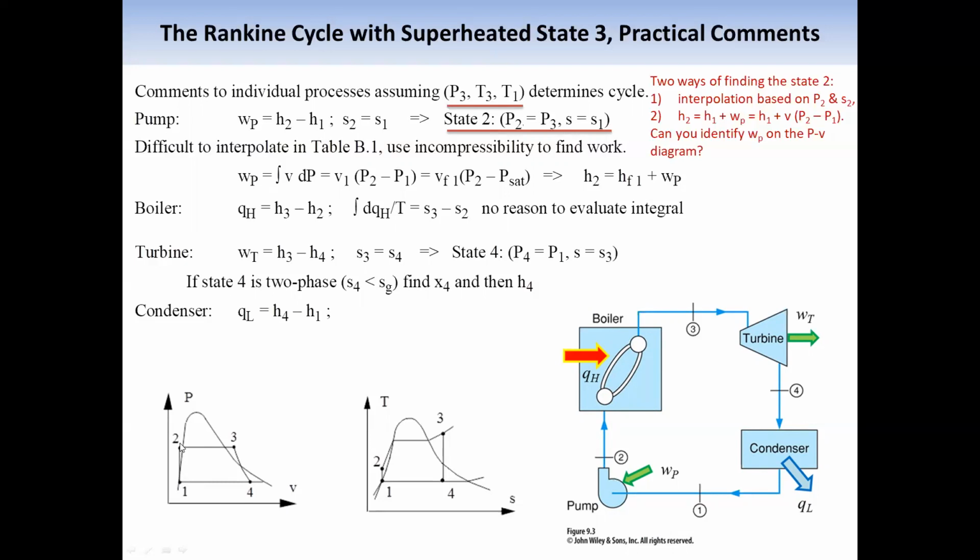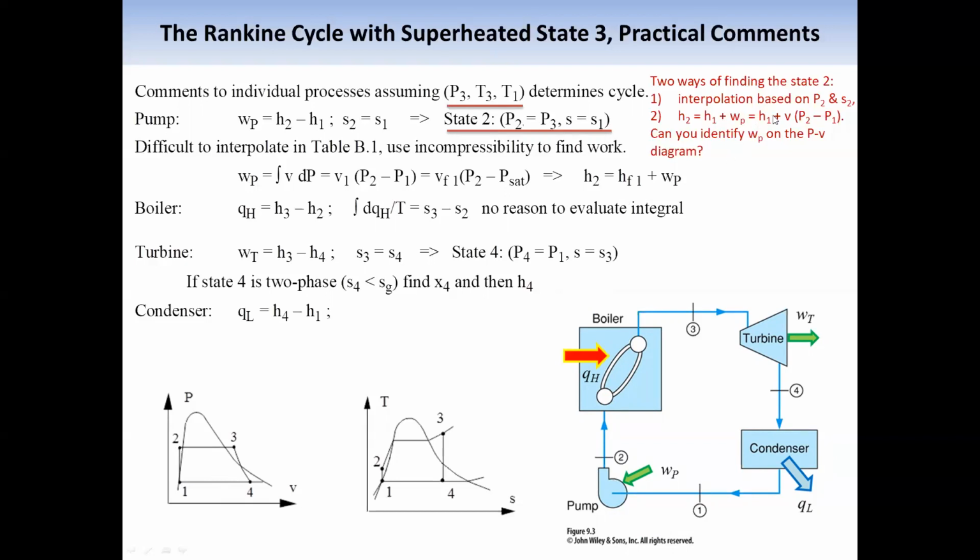It's a vertical line up because specific volume remains the same. We have learned from the last chapter that the pump power, the energy required to successfully pump the fluid to this high pressure, is the rectangular area. So we can use this algebraic expression to estimate the energy required for the pump.